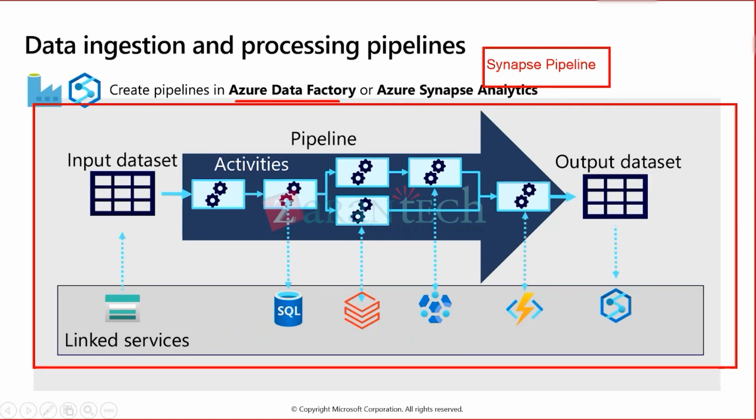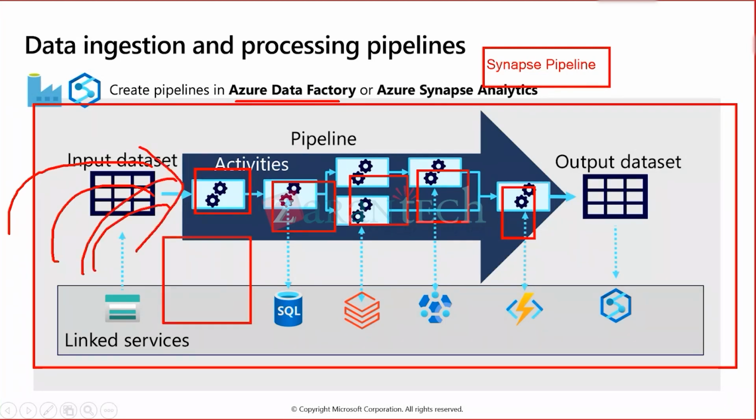And a pipeline contains what? A pipeline contains activities like this. When you are extracting the data from disparate sources, you load the data somewhere in the data lake, then you perform activities.